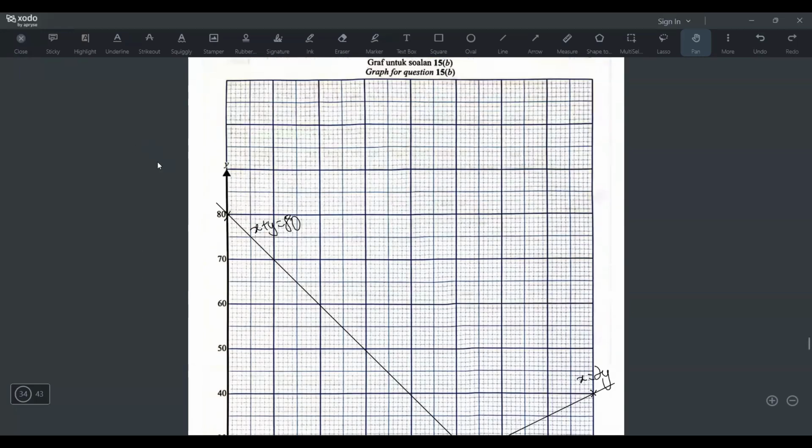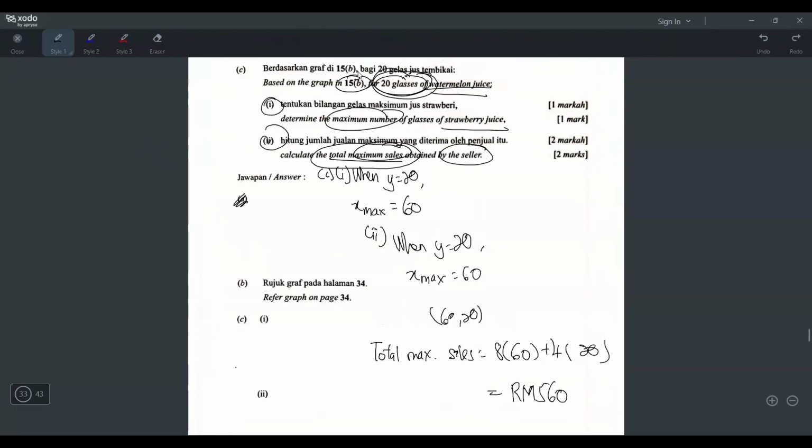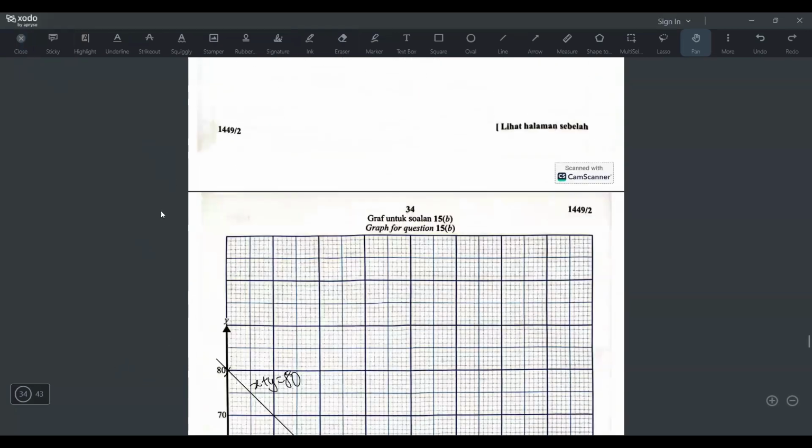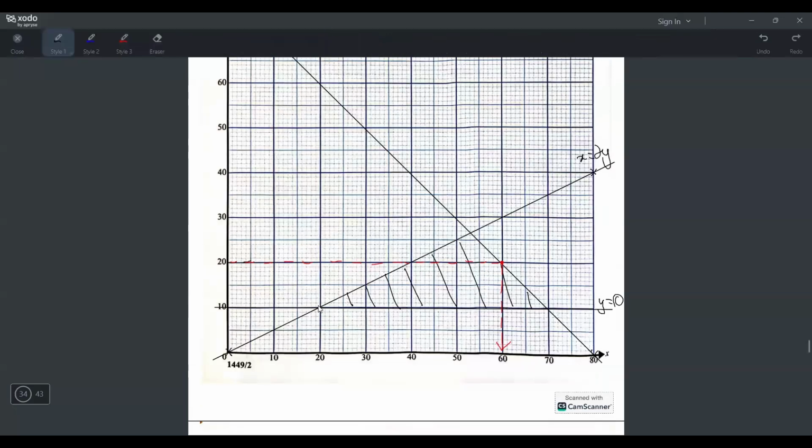I want to tell you what if the question never mentioned this. They never mention the Y is 20. They just say calculate total maximum sale. It means they never say 20. They never give you X, they never give you Y, they just say calculate total maximum sale. For those cases, you have to take the corner, the vertex, or the bucu.